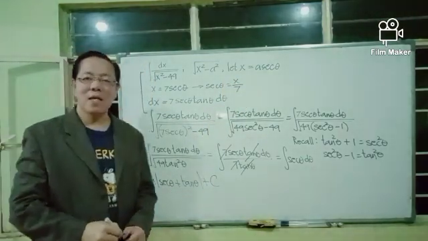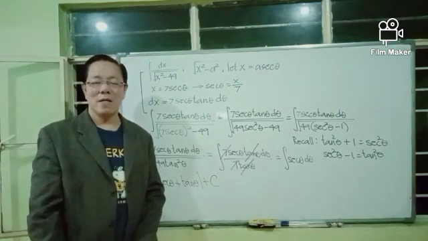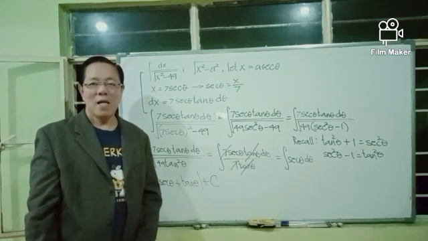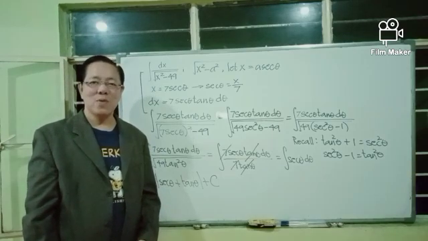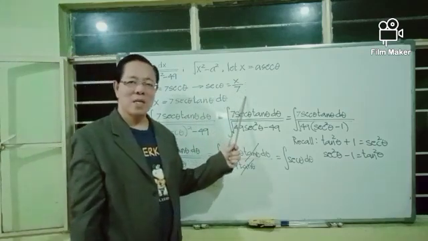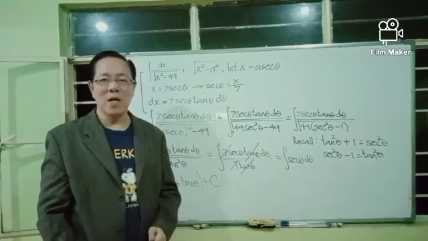And secant theta is the reciprocal of cosine theta, and cosine theta is equal to adjacent over hypotenuse. And the reciprocal of adjacent over hypotenuse is hypotenuse over adjacent, which is equal to secant theta. Therefore, x over 7 is the ratio of hypotenuse over adjacent.